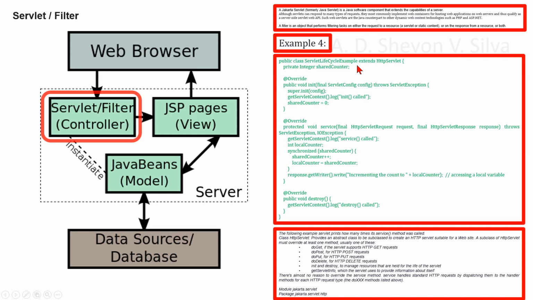A subclass of HTTP servlet must override at least one method, usually one of these: doGet, if the servlet supports HTTP GET requests; doPost for HTTP POST requests; doPut for HTTP PUT requests; doDelete for HTTP DELETE requests; init and destroy to manage resources that are held for the life of the servlet; getServletInfo, which the servlet uses to provide information about itself.